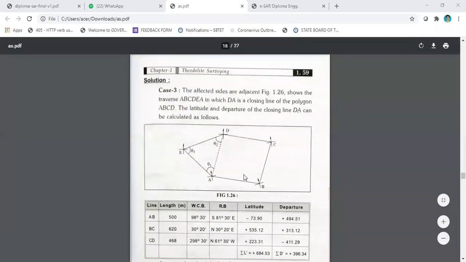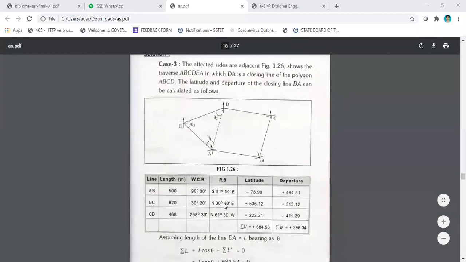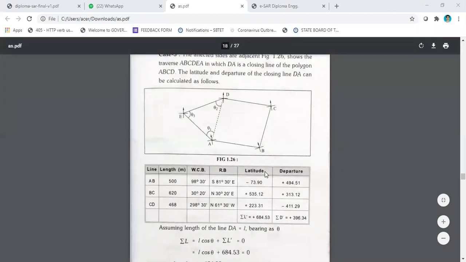Yeah, so this is a diagram. DA is actually a closing line when you consider the three known traverse sides. The fourth one, or closing side, will be this dotted line. Here latitude and departure can be calculated by using L cos theta for latitude and L sin theta for departure. How do you get the positive and negative signs? Be careful. For latitudes, southings are negative and northings are positive. Therefore these two are positive, and the first one, with the south, will be negative.